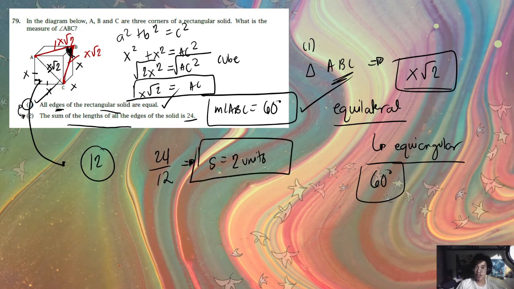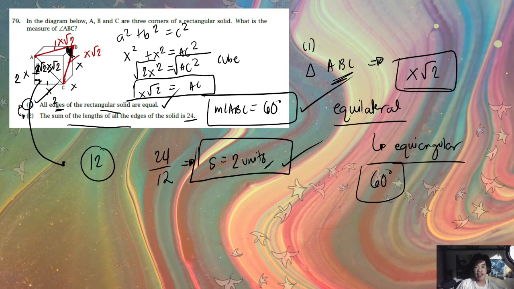Then after that, what do we do? Since we know the side measurement of the cube, that's the only thing we can conclude from the statement that we have here. We cannot conclude that the measurement of angle ABC would be 60 degrees just by looking at the side measurement. If we apply 2 and 2, that should give us 2 square root of 2 as the diagonal.